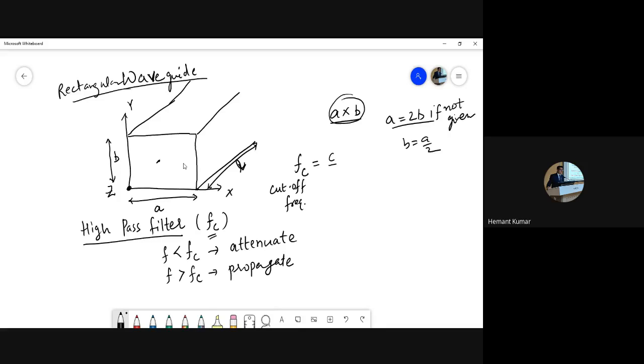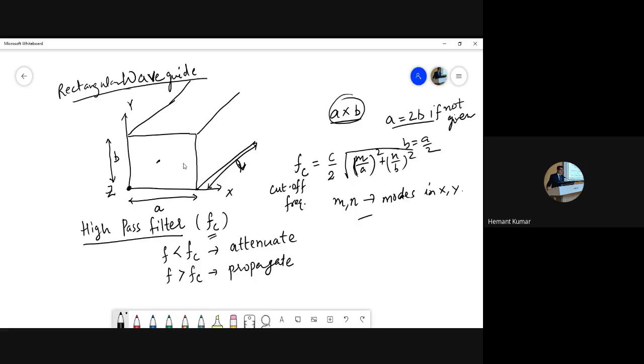The cutoff frequency is given by c by 2 times the square root of (m upon a) whole square plus (n upon b) whole square. Now you can ask what m and n are. M and n are modes in the x direction and y direction respectively.